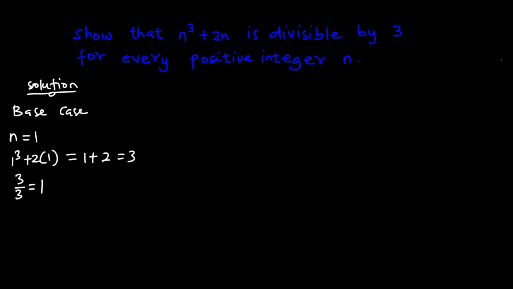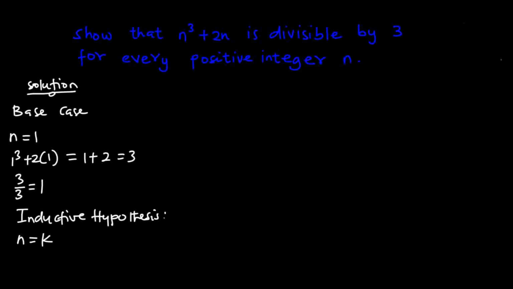Since it is true for n equals 1, let's assume that it is true for n equals a certain arbitrary positive integer k. We call this step the inductive hypothesis. With this step, we are going to assume this statement to be true for a certain positive integer k.